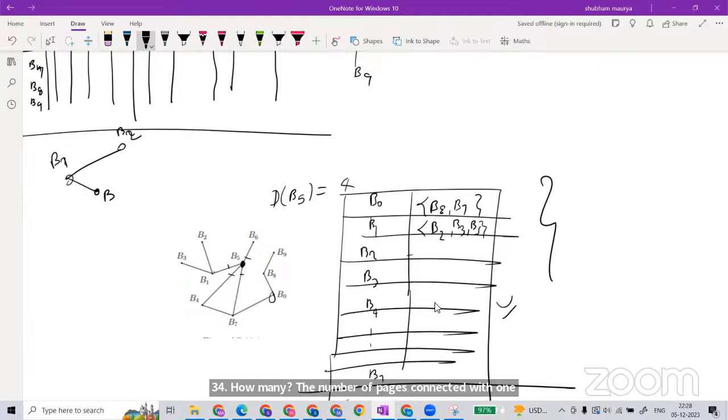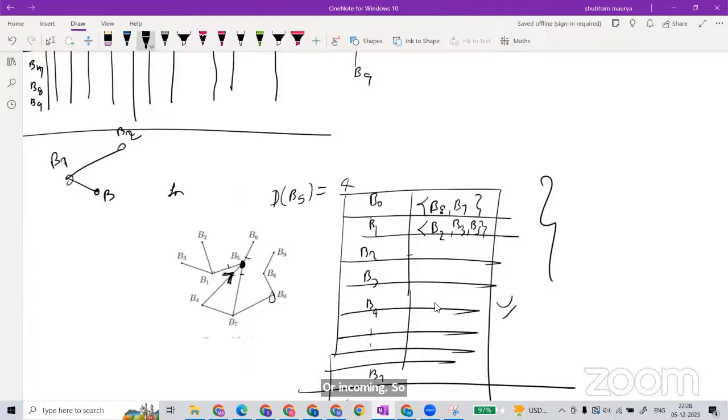If it is an undirected graph, do we consider outgoing edges or incoming edges as the degree? If it is a directed graph, then there are the terms in degree and out degree. So in a directed graph like this, this is one incoming edge for this vertex B5. So it is the in degree and out degree.